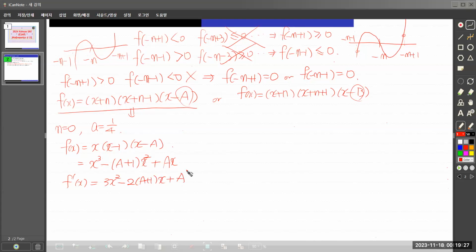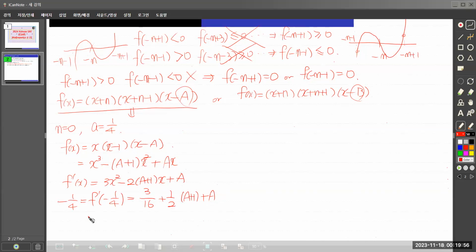If you differentiate this one, then you will have 3x squared minus 2(a plus 1)x plus a in here. So by plugging negative a quarter in here, we know by condition 2 that negative a quarter is equal to f prime of negative a quarter. So by plugging here, you will have 3 over 16 minus 1 over 2 (a plus 1) plus a.